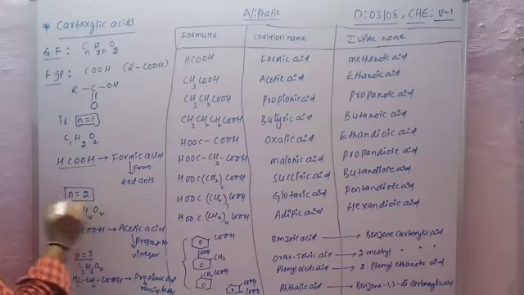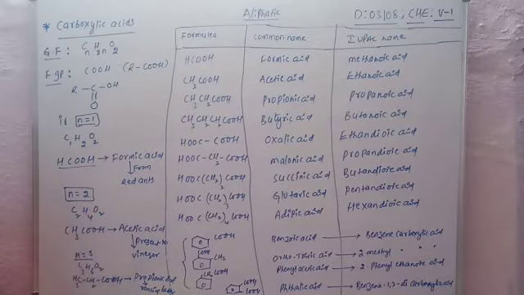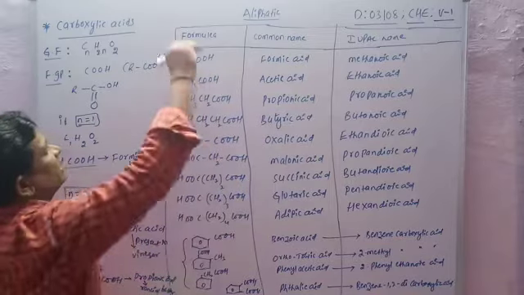If n equal to 2, the compound is C2H4O2, acetic acid. If n equal to 3, the compound is C3H6O2, propionic acid, present in rancid butter. Now, nomenclature of the carboxylic acids.